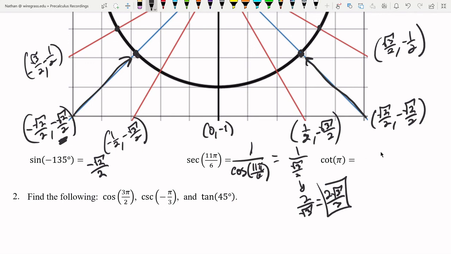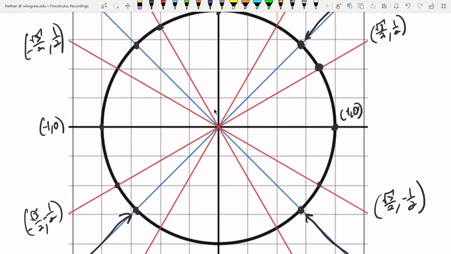Okay, cotangent of pi, well, it's the same thing as 1 over tangent of pi. Pi is quite easy. Pi is just 180 degrees. This is cosine. Cosine of pi is negative 1. Sine of pi is 0.